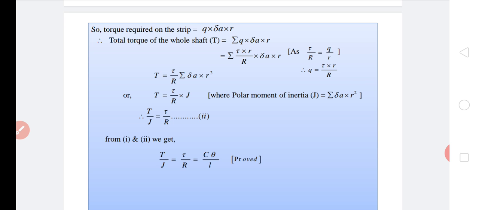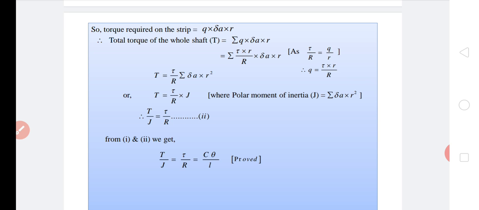So q equals tau into r by capital R. So in the position of q, we can write tau into small r by capital R into del A into r. So T equals tau upon R into summation of del A into r square.